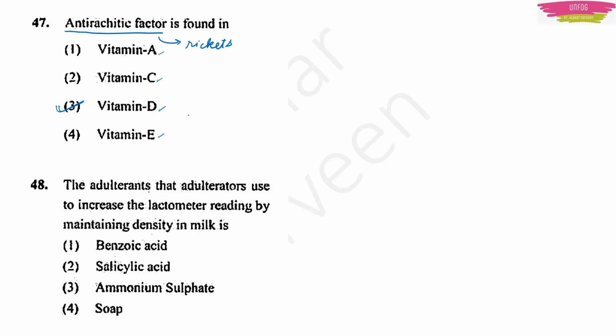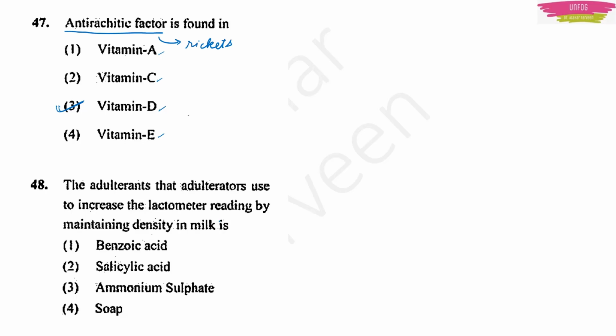So the most common adulterant example that I can give you is water. But here he is asking to name that adulterant which is used to increase the lactometer reading. Lactometer reading means in milk we have lactose, right? So that lactose is actually the milk sugar which can be found in milk. So in order to increase that reading of lactose in the lactometer, they use one sort of adulterant.